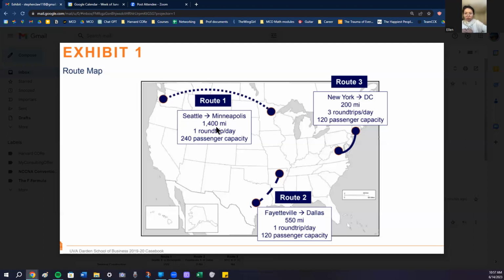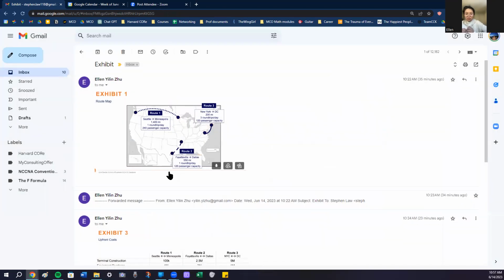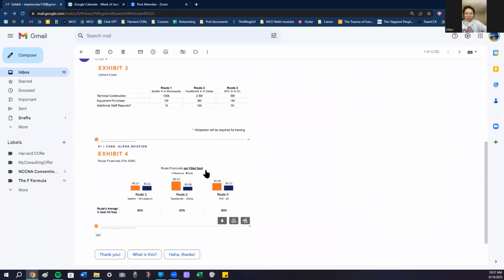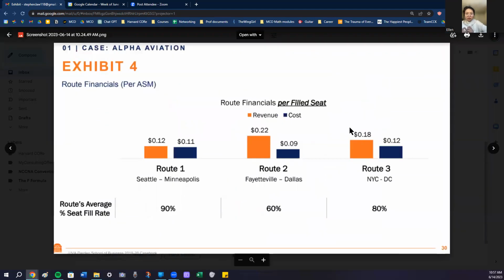So for route 2, what's the number of seats? 120. And the average percent filled is right. Oh yeah, I'll get to that soon. I just wanted to first calculate the profit per ASM, because it will eventually be a 60% fill rate.